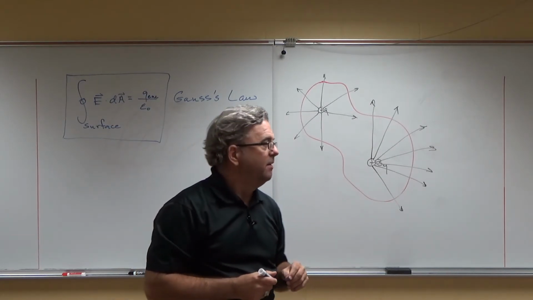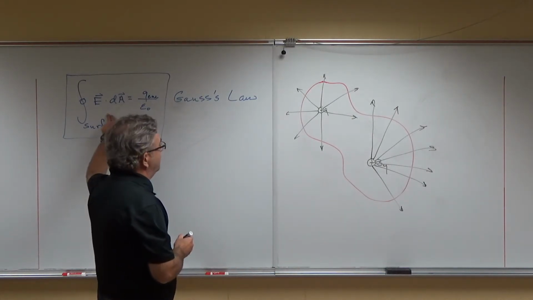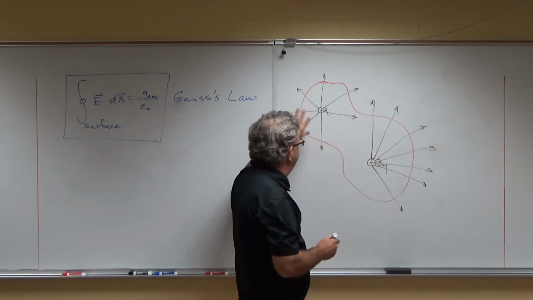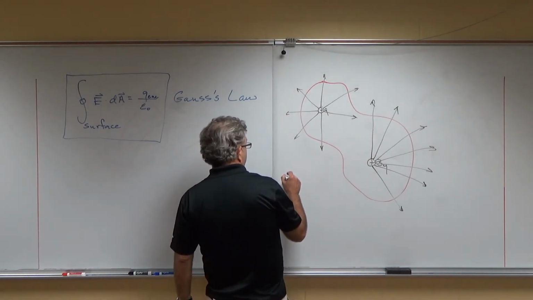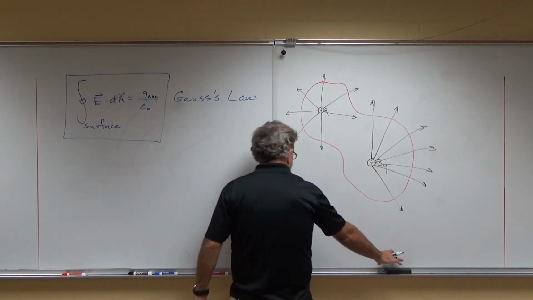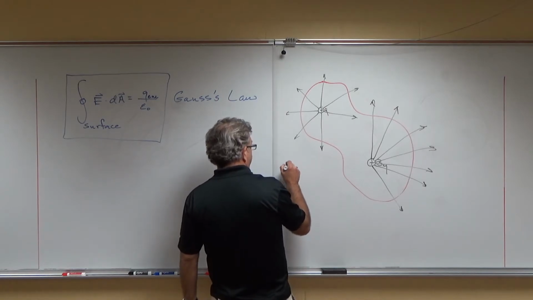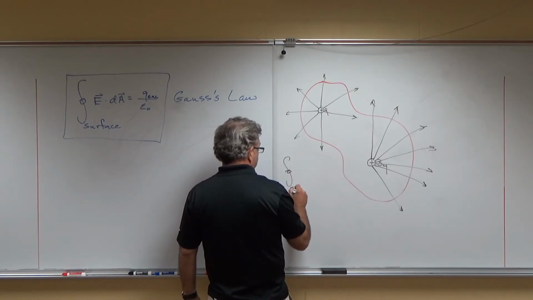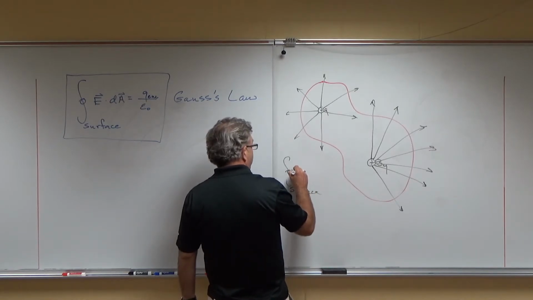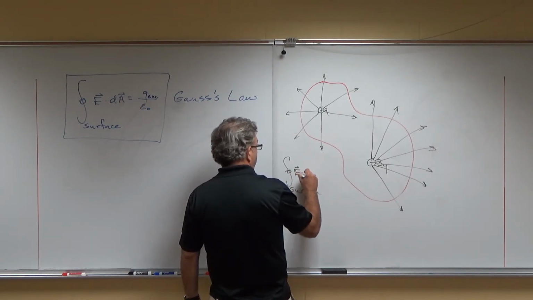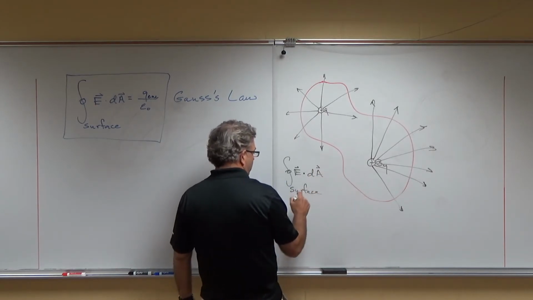However, I'm guaranteed by Gauss's law that the total flux, if I sum it up over this entire surface, then phi, I'll write it like this. In this particular case, over this closed surface, I really don't have to write surface because if I write dA, that means a surface integral.